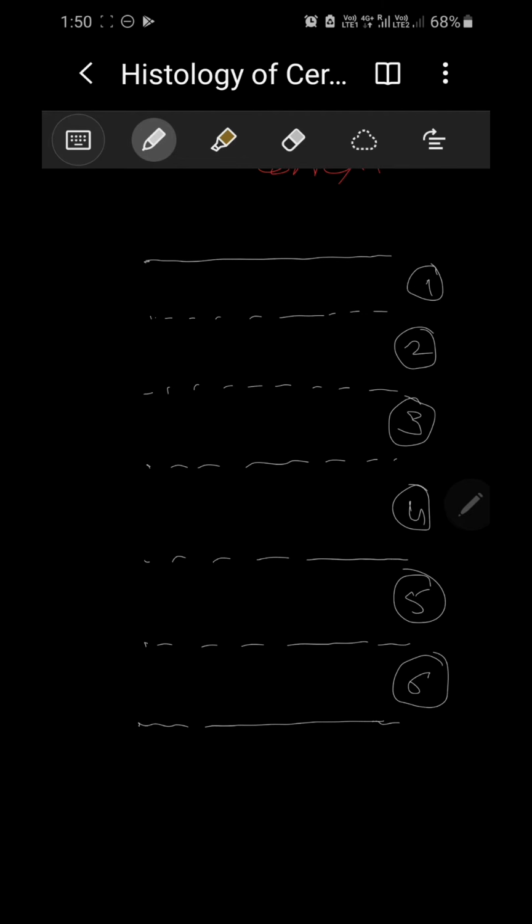Remember that these are all imaginary subdivisions, because in real, when you see the histological slides, you won't find these lines separating; there is not a very clear-cut demarcation in all 6 layers. So let's mention the numbering so that you remember: number 1, number 2, number 3, number 4, number 5, and number 6. These are the layers of the cerebral cortex.